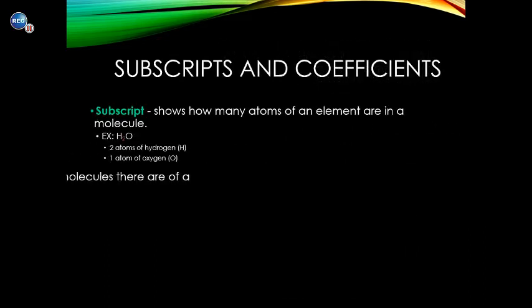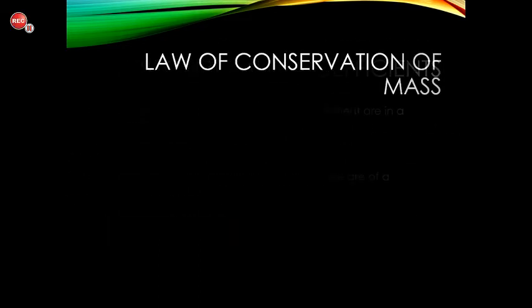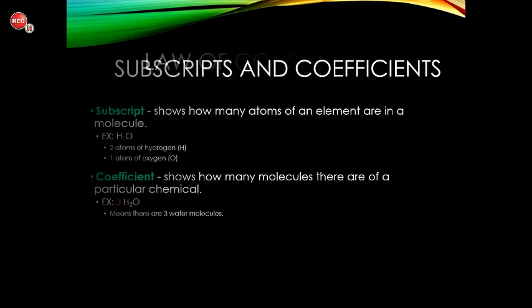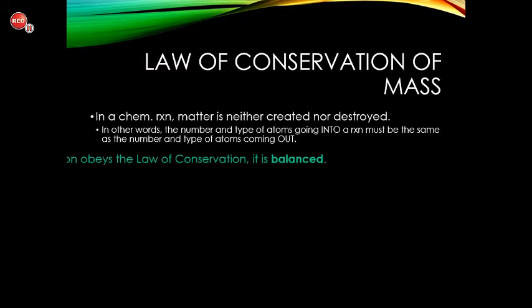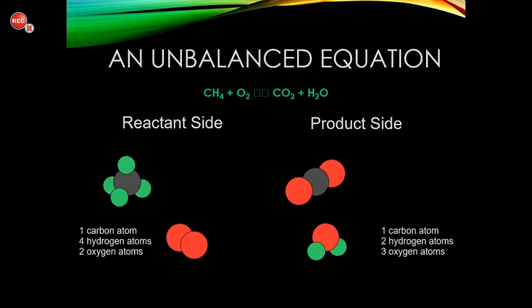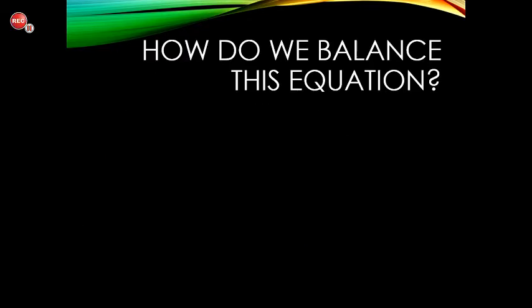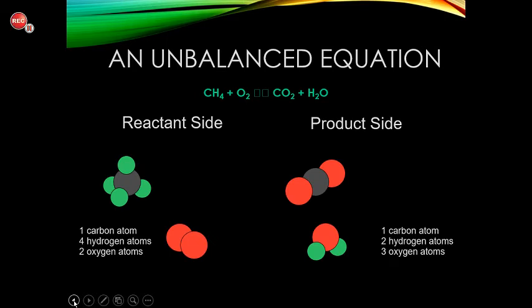I've already talked to you about subscripts and coefficients. Remember how that works: the subscripts are the things that are attached, and coefficients are what's in front. Then the presentation shows you the molecular structure here. This is CH4, which is carbon with 4 hydrogens, and 2 oxygens.